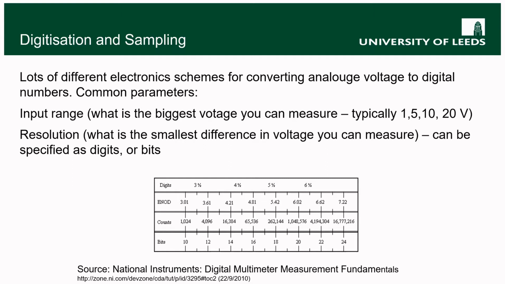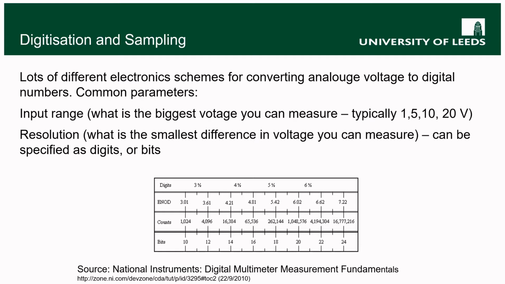Inside the computer, you're representing the voltage as a binary number. And a binary number has a number of bits, and that scales straightforwardly to the number of different levels or counts that you can have. And then you can think about how that relates to the number of digits of resolution when you write out the number as a conventional decimal number.